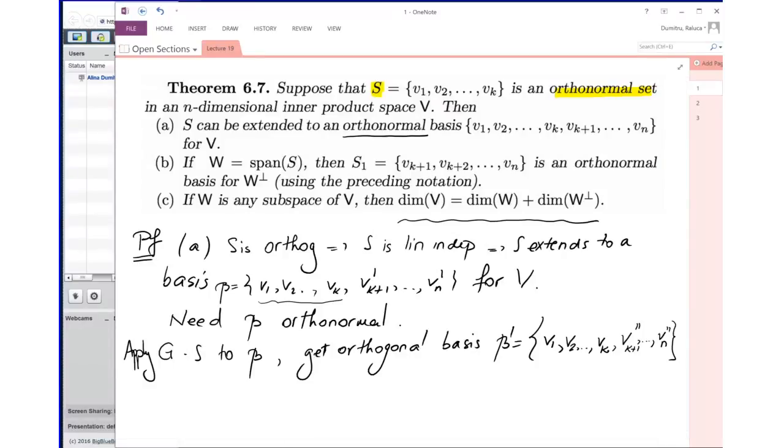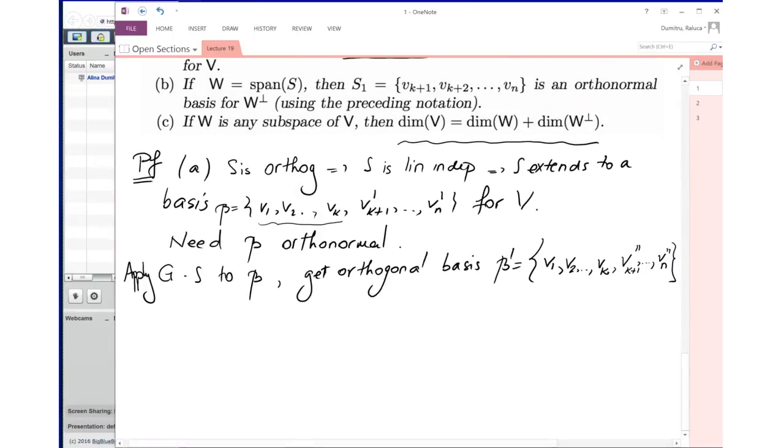Well, I need it to be orthonormal, right? More than that. So I need to normalize each vector. But again, the first k were part of an orthonormal set, so I have nothing to do there. They all have norm 1. So maybe all that I need to do is to normalize each of the remaining n minus k vectors, right? So divide each of the last n minus k vectors by their norms.